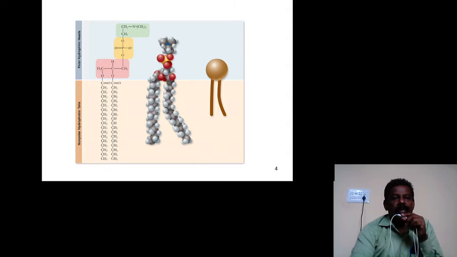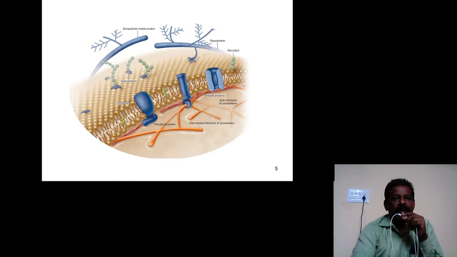Addition of the phosphate moiety gives it hydrophilicity, and we call it the hydrophilic head, and the long chain of hydrocarbons represented by fatty acids gives hydrophobicity, and they are called non-polar ends. So a phospholipid molecule has a hydrophilic head and a hydrophobic tail, and they are arranged like this.